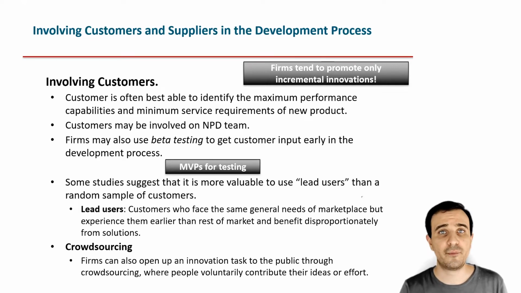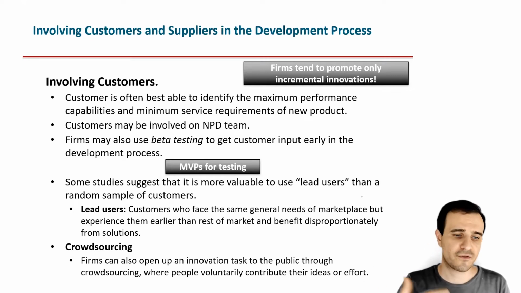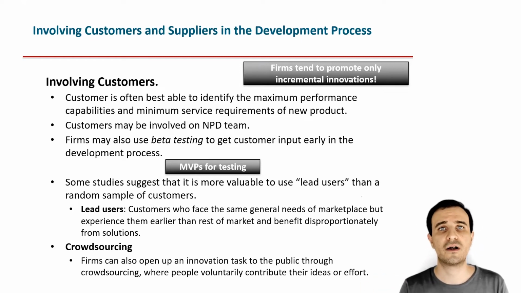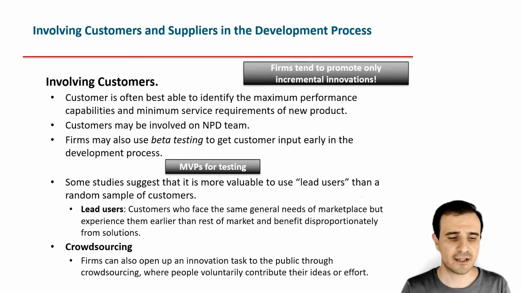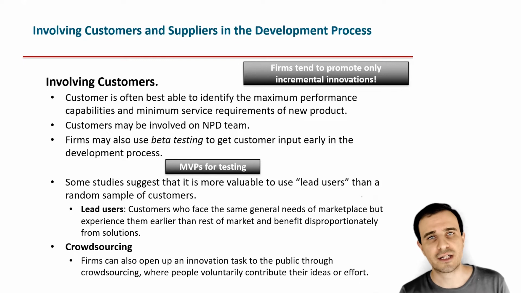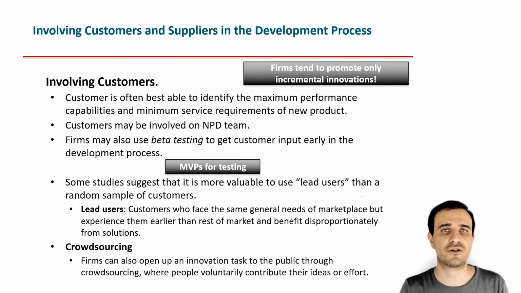Another way for companies to gather ideas from customers is through crowdsourcing. This is a typical way to gather innovative ideas from the public, and it's a landmark feature of the open innovation ecosystem.